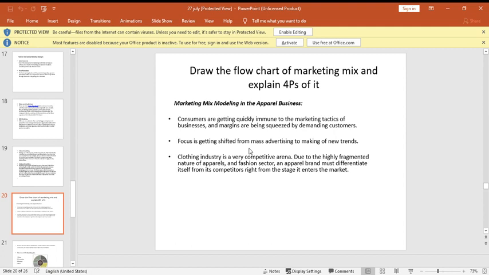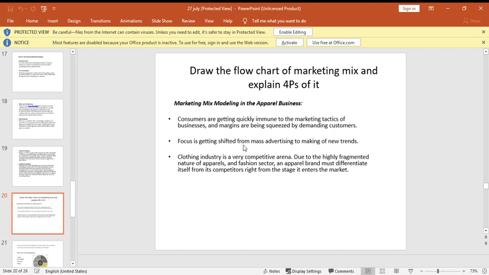Then about the marketing mix flowchart. Before the marketing mix flowchart, you are going to learn that consumers are getting quickly involved in the marketing factors of the business, and margins are being squeezed by demanding consumers.